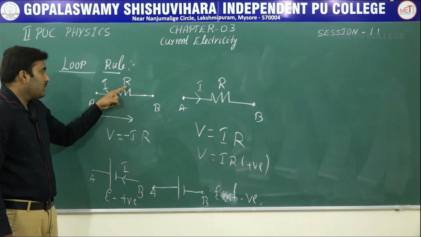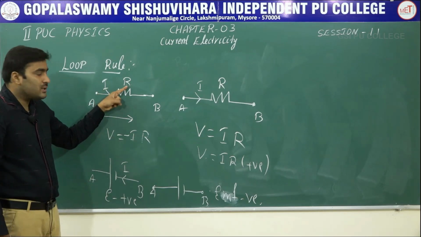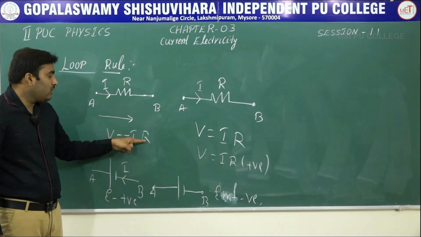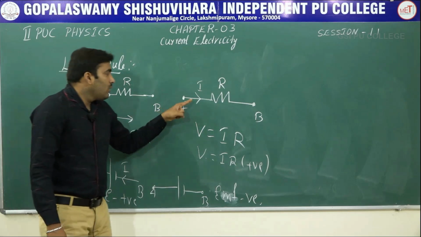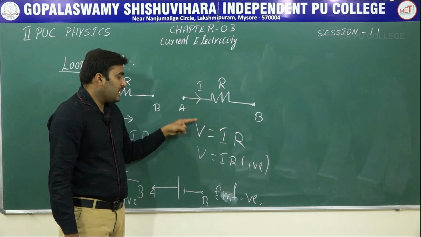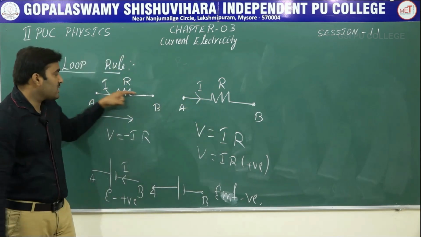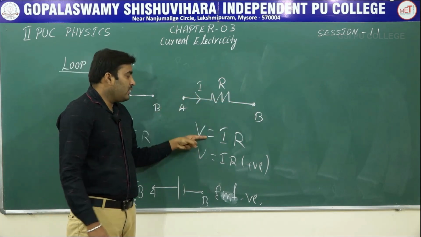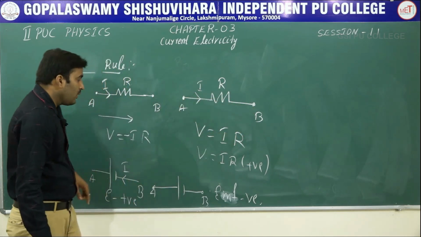So this is the sign convention used in loop rule. In a resistor, when a current I is flowing through it, when we are moving from A to B, the product of I into R is taken as negative. When I am moving from B to A, the product of I into R is taken as positive. So in the same direction of current, IR product is negative. In the opposite direction of current, IR product is positive.